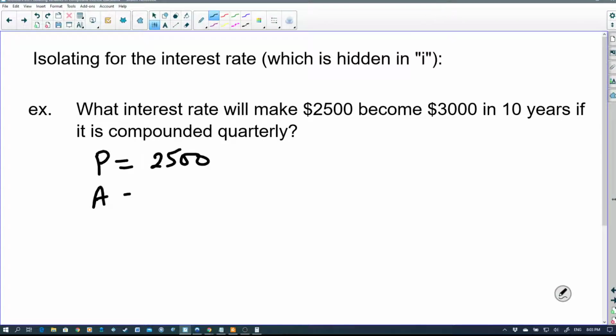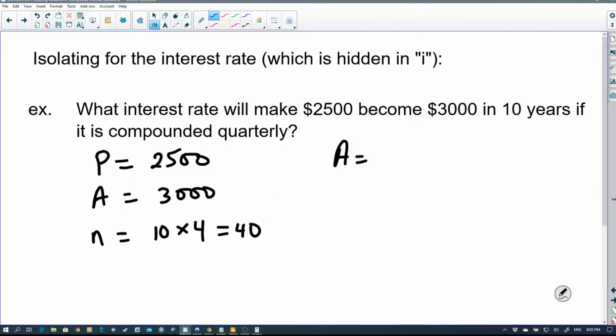Our final amount is going to be $3,000. Notice that the final amount is always greater than the invested amount, right? Our n value, if we're doing 10 years compounded quarterly, we get 4 payments a year times 10 years. So that's going to be 40 payments of interest.